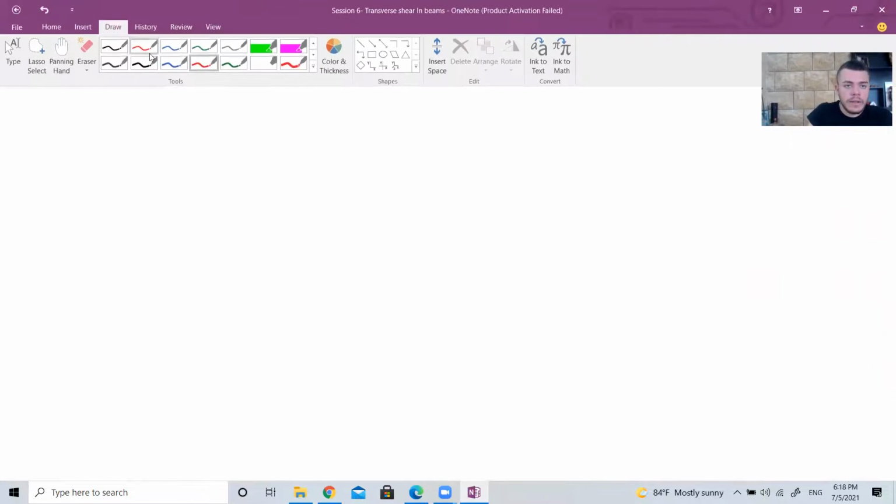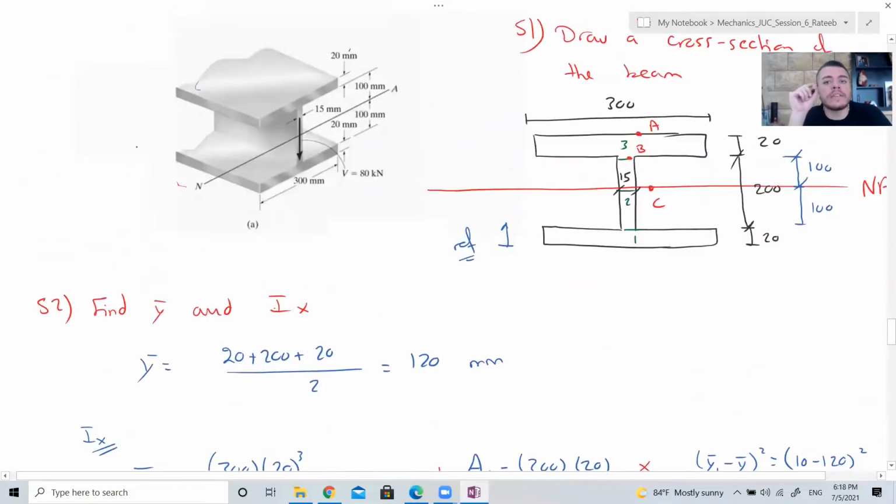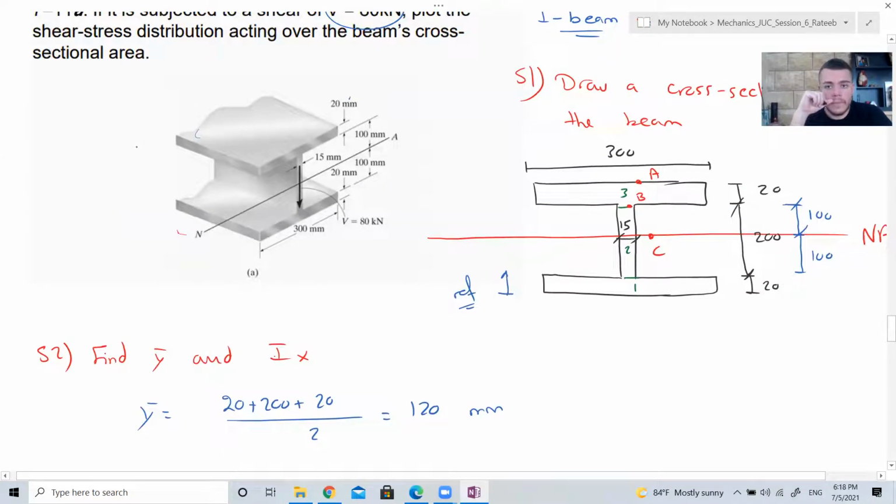So now tau at C is VQ over IT. V will not change. It's 80,000. Q is area prime times Y prime. What is area prime at point C? Does it matter if you take the area above or the area below in this case?